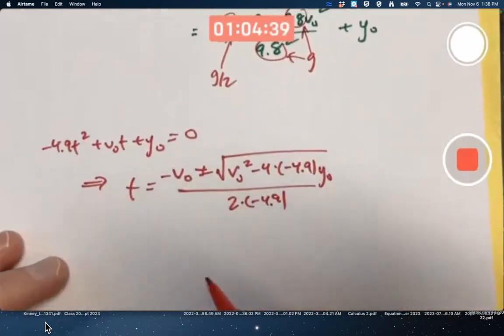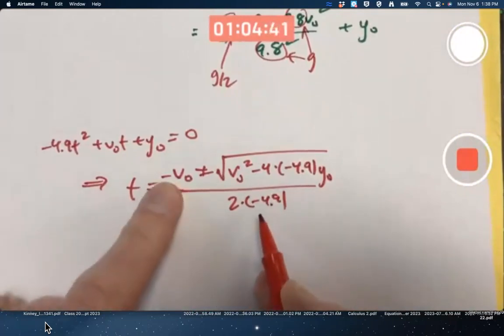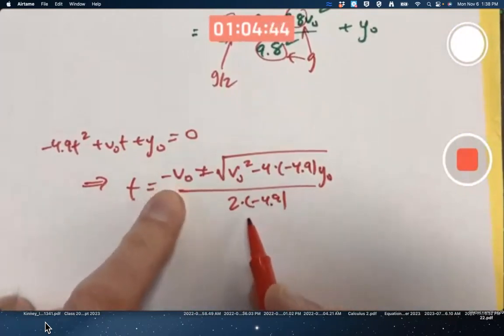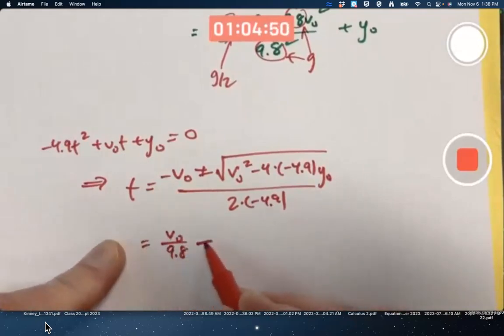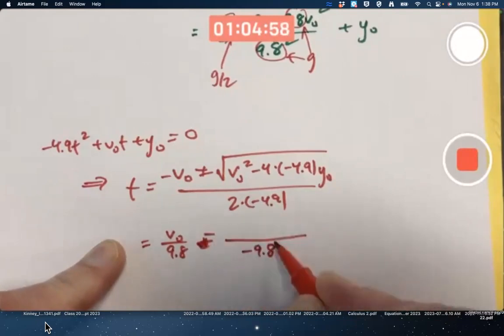And which one of these is going to be positive? Well, you've got negative v naught divided by negative 9.8. That's really positive v naught over 9.8. You'd really want to take the plus one then. Well, okay, you've got a negative in the bottom. Actually, you take the minus if you think of the bottom as negative 9.8.